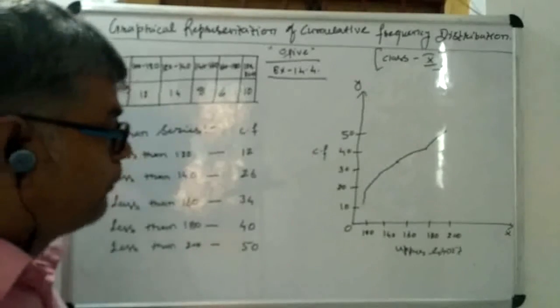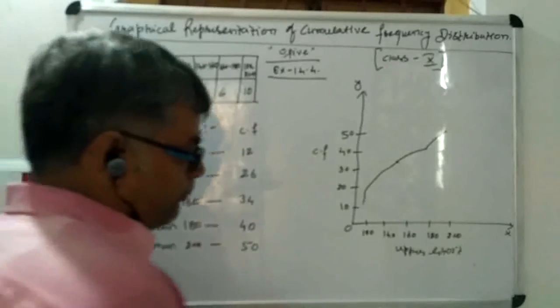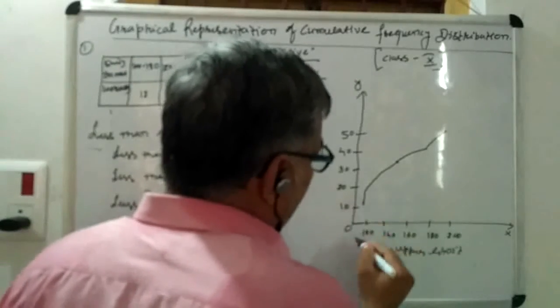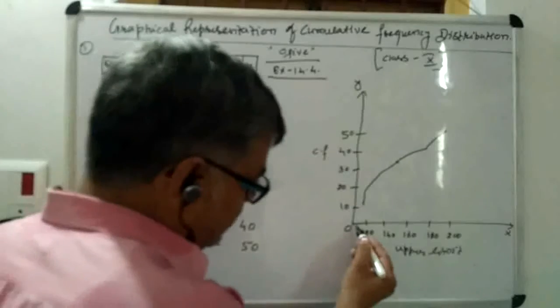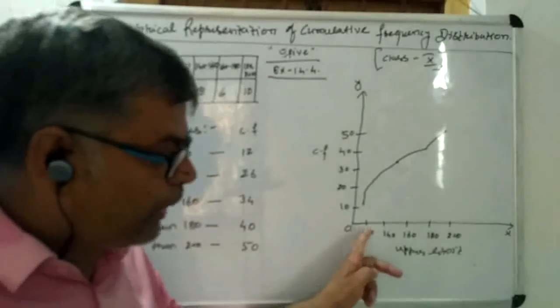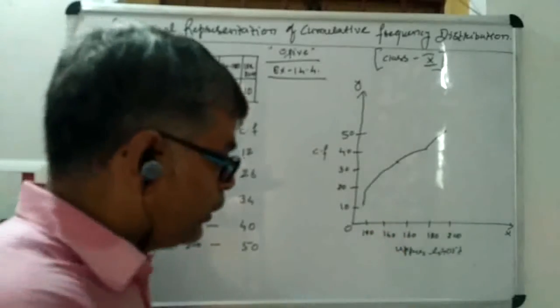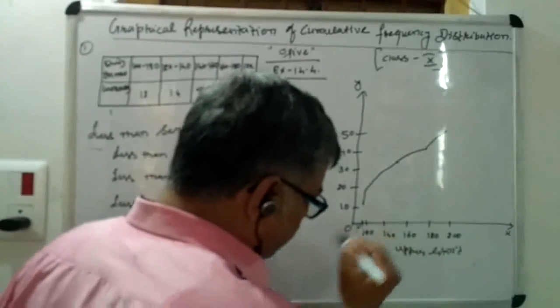In this way, if you add one more thing, since there is not an equal gap, it is 0 to 180 and it starts from 120 to 140, so it is better to give a kink here.